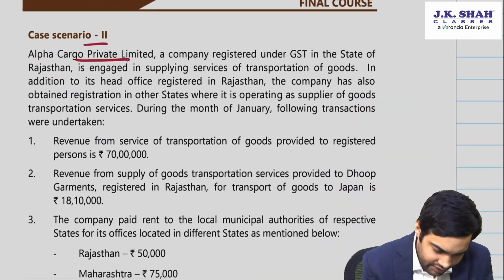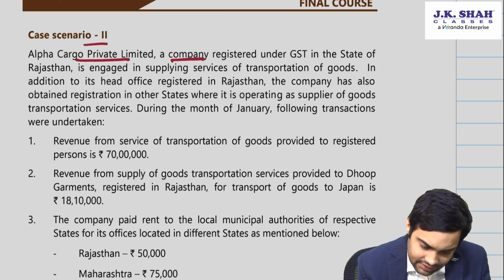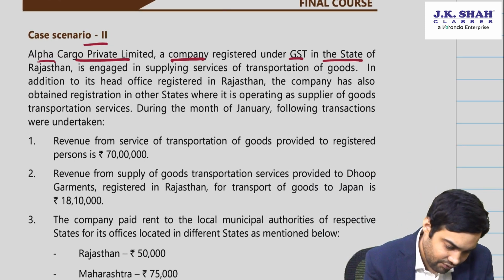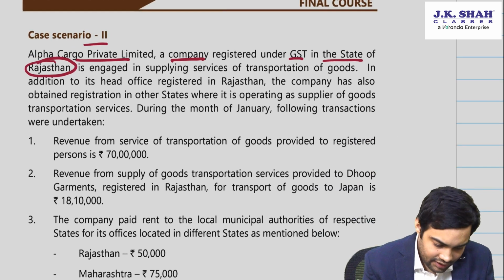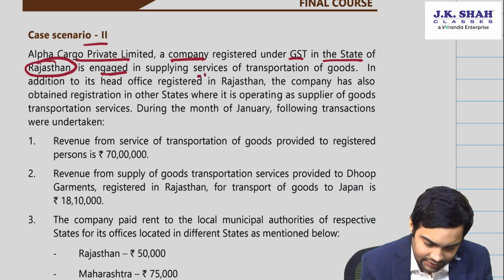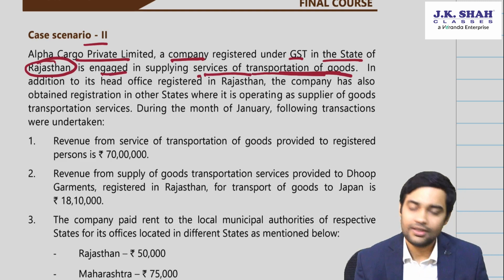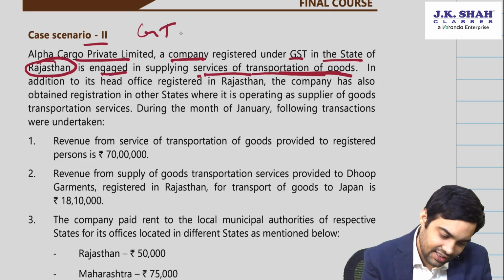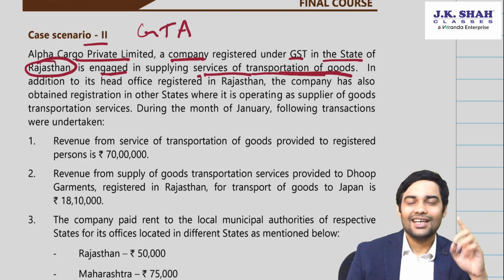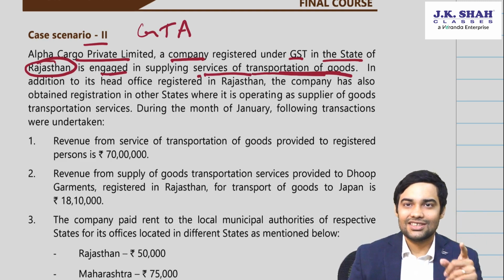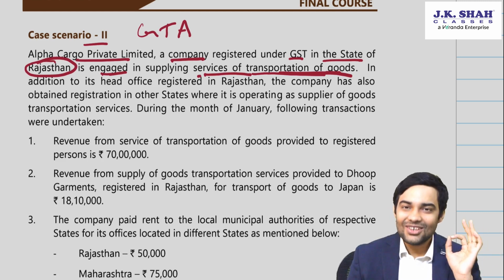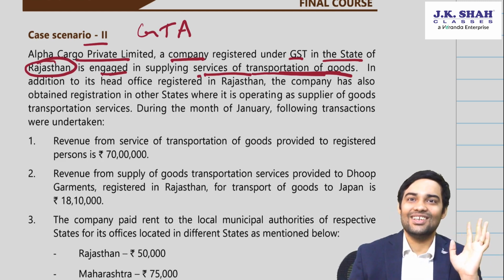Let's see. Alpha Cargo Private Limited, a company registered under GST in the state of Rajasthan, is engaged in supplying services of transportation of goods. Oh, that means it's a GTA question. Now GTA, you know that if he is opting to pay under forward charge, 12% is the rate. But you should not know it because the rate of GST is not there in your syllabus.